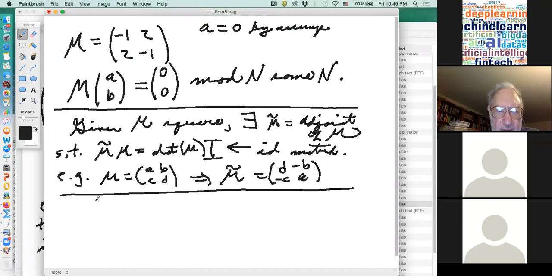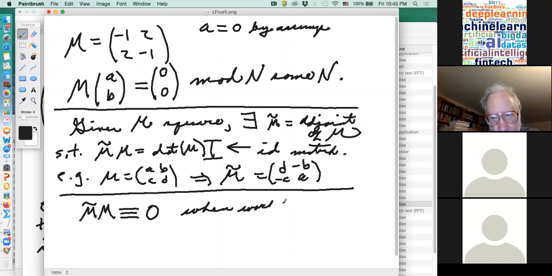So this tells us that M tilde times M is congruent to 0, what we want, when we work over Zn, where n is equal to the determinant of the matrix.